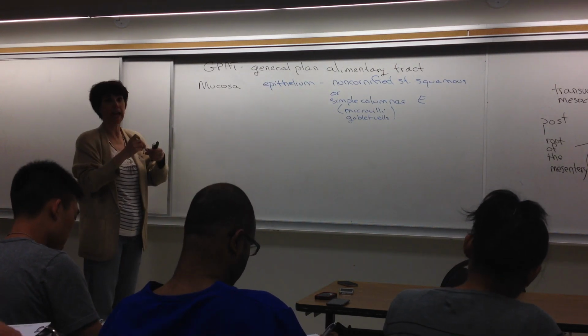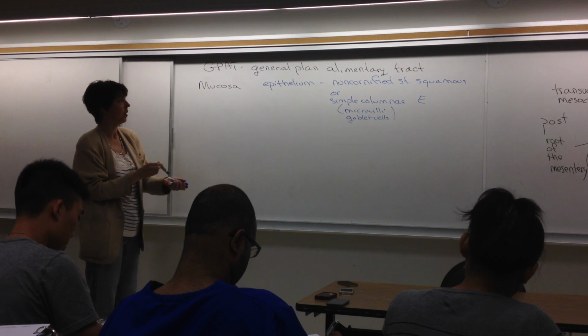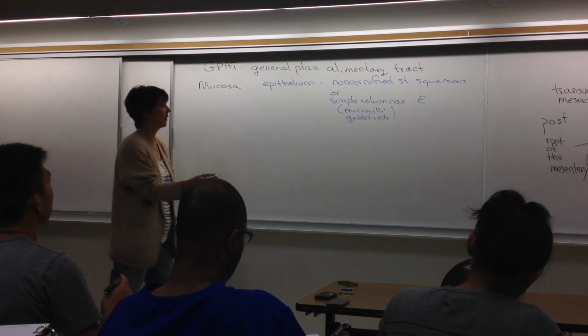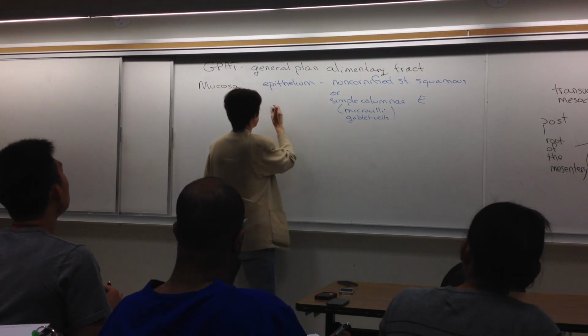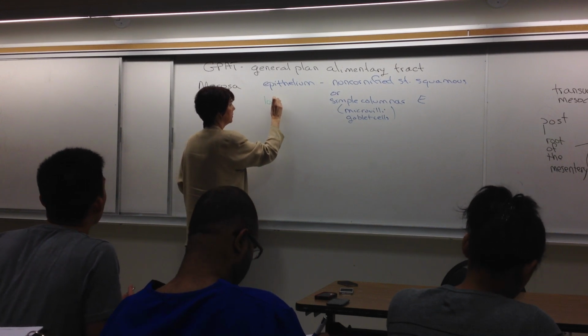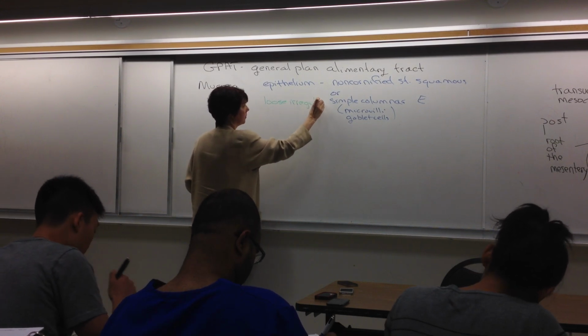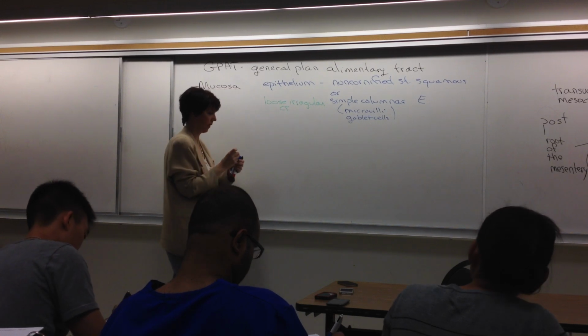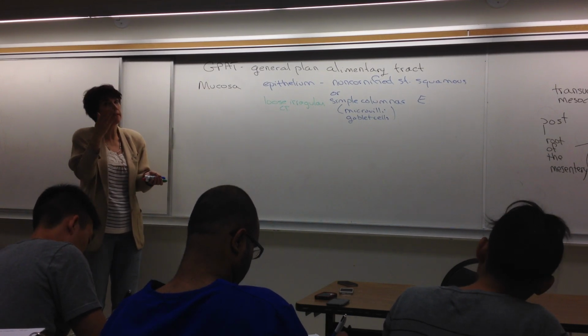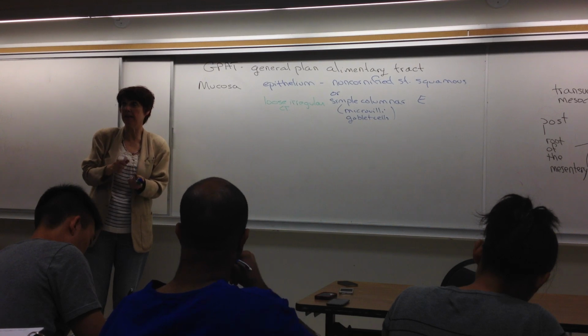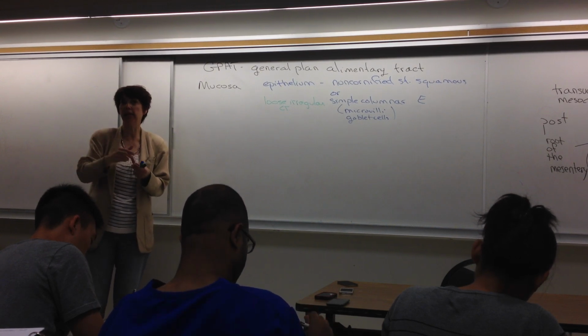Then of course we're going to have connective tissue. So with every epithelium we have a loose, irregular connective tissue. And then starting about halfway down the esophagus, we add a layer of smooth muscle.